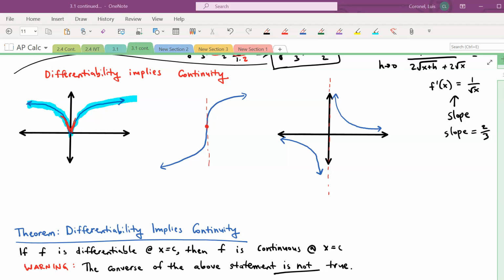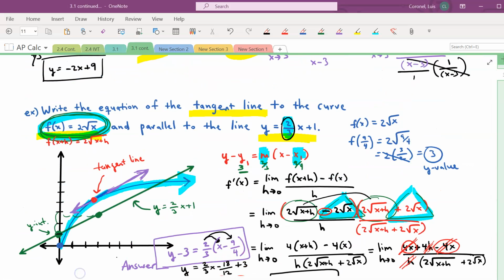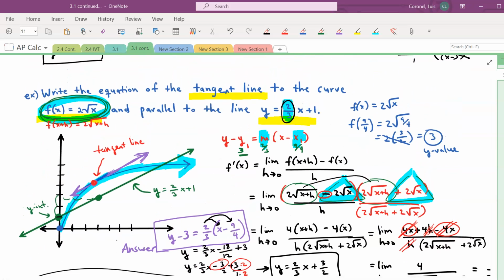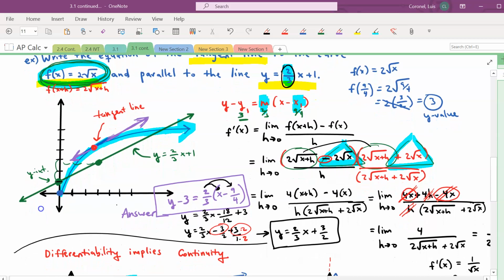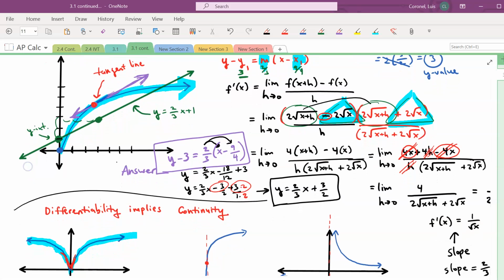We're going to finish lesson 3.1. In section 3.1, we started talking about the definition of a derivative. To recap, we were looking at writing equations of lines, and we saw that you can use the limiting process to find the derivative.